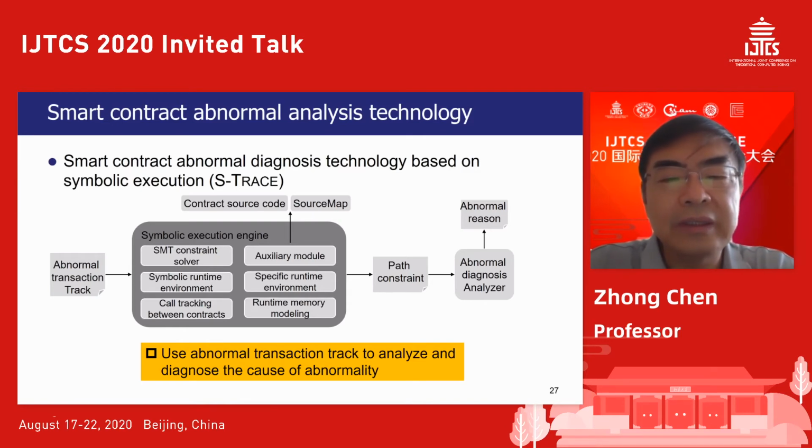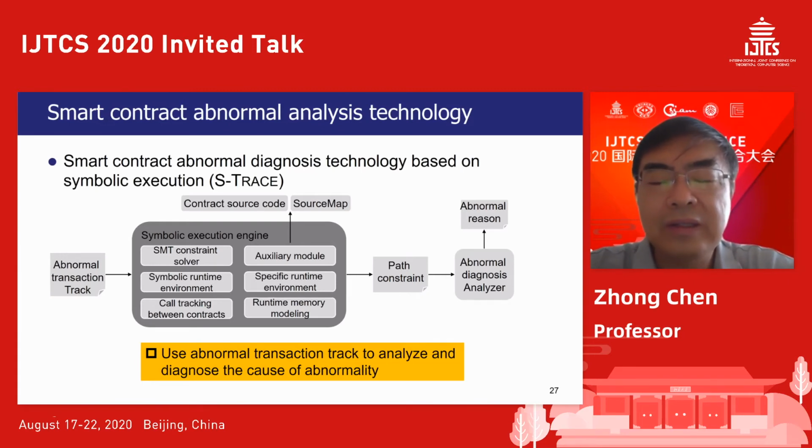Through the symbolic execution engine, they can generate the path condition, or path constraint. The path constraint goes through the abnormal diagnosis analyzer, and they can generate the abnormal reason.